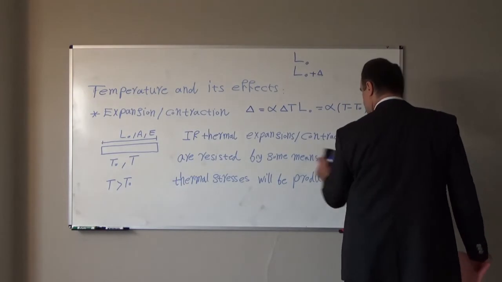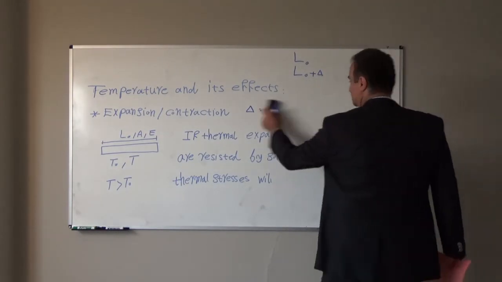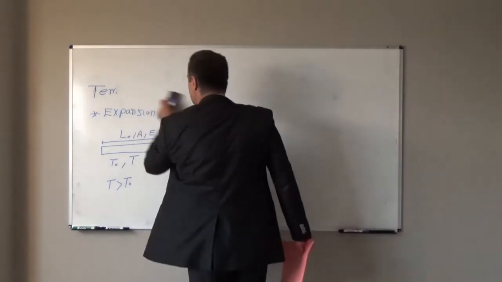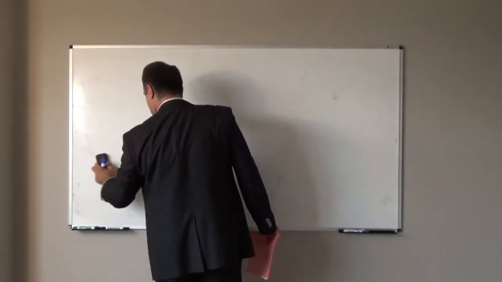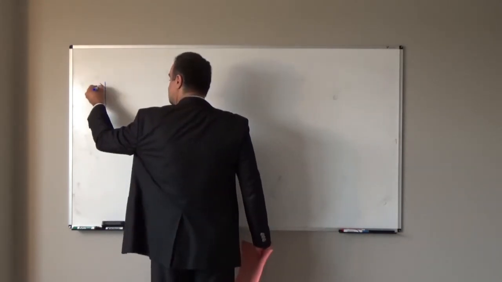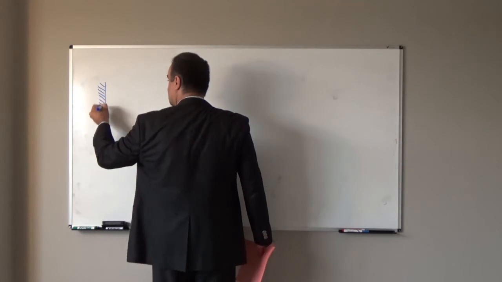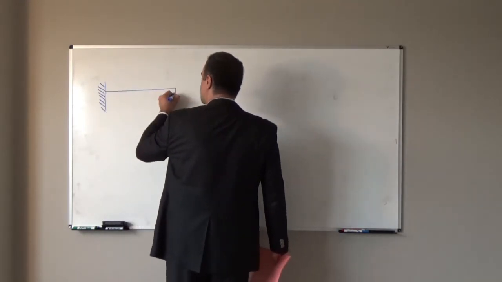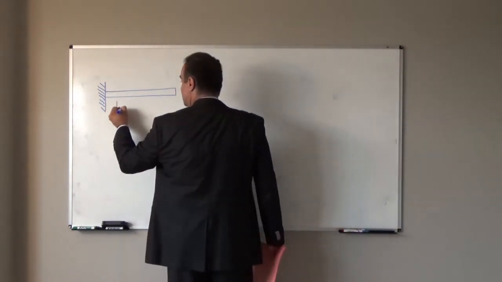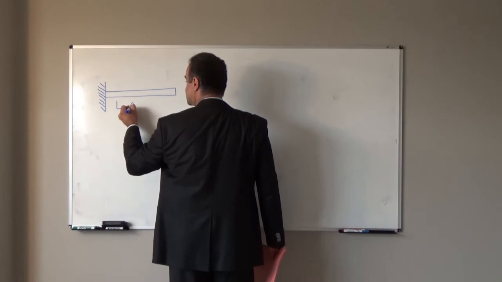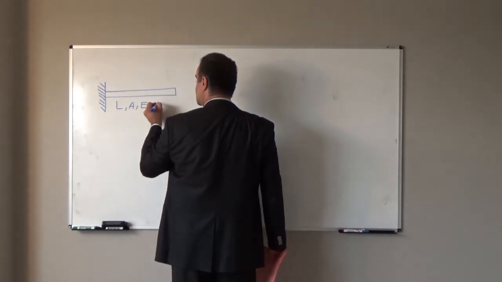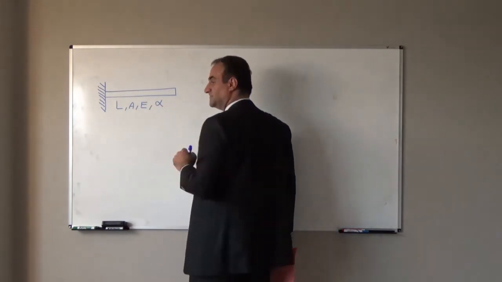But let's look at another story. We will look at two different scenarios. First one, it is the same rod. I attach it to the wall using a fixed support, and the length is L, cross-sectional area is A, Young modulus is E, and thermal expansion coefficient is alpha.